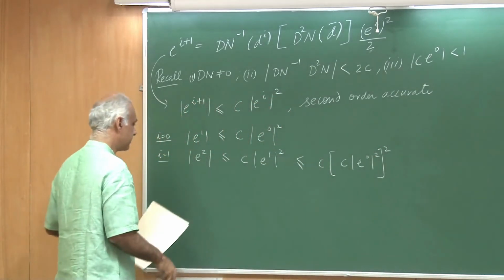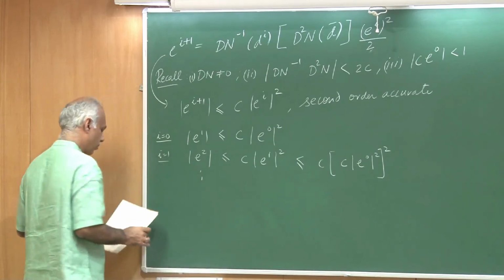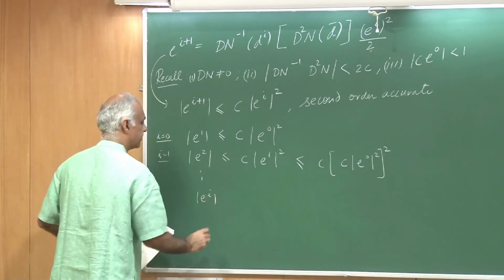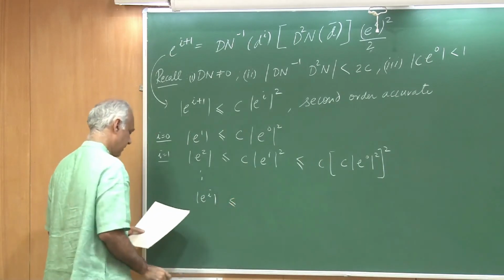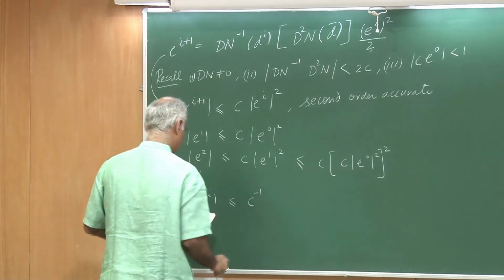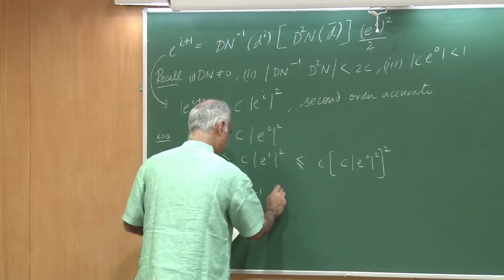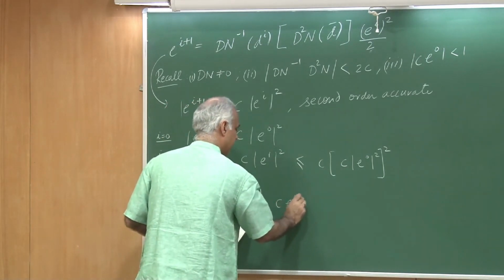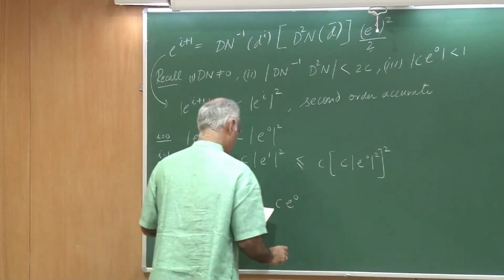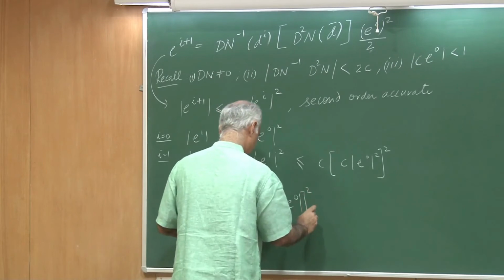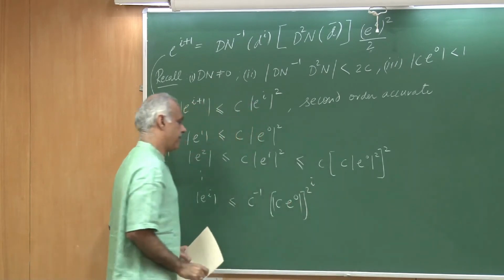Okay. So likewise I can show finally that e raised to the i is C inverse times C E0 raised to 2 to the i.